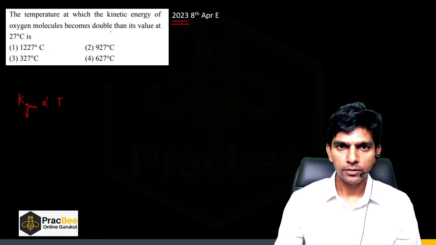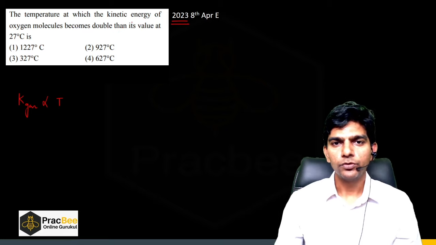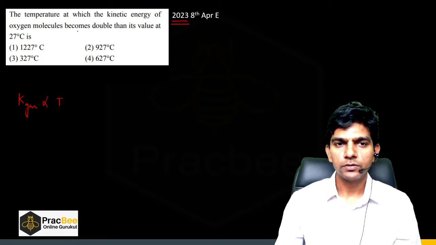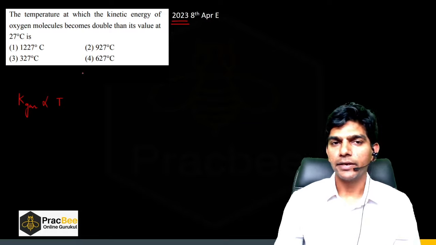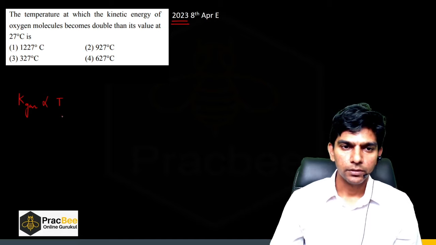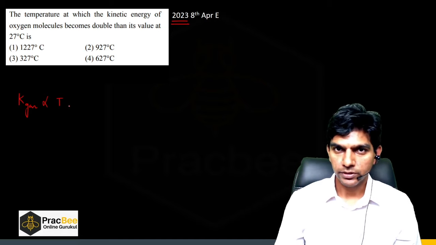Now we want the kinetic energy of the oxygen molecule to become double. In order to double the kinetic energy, we have to double the temperature, because it is directly proportional to the temperature.